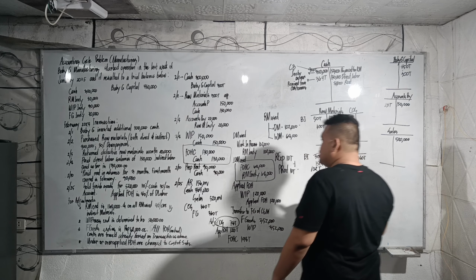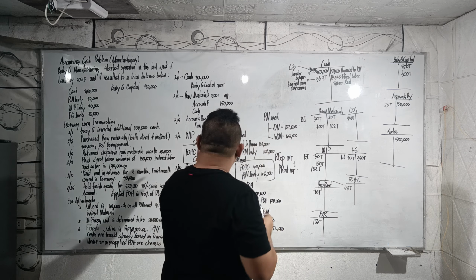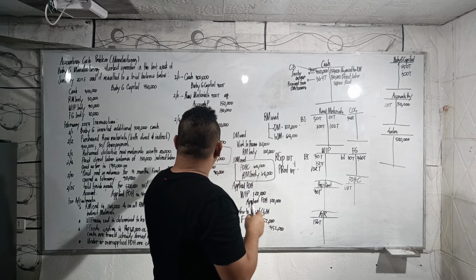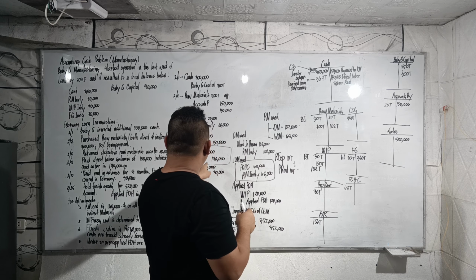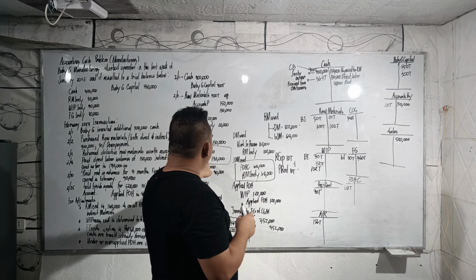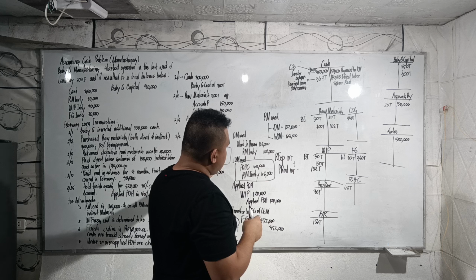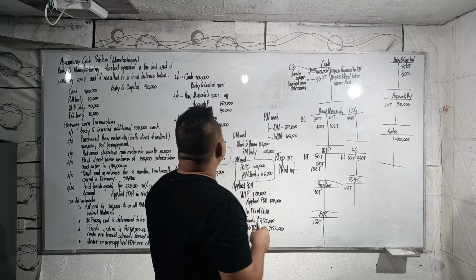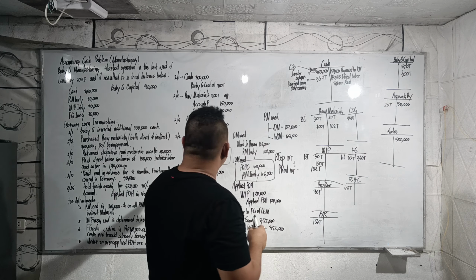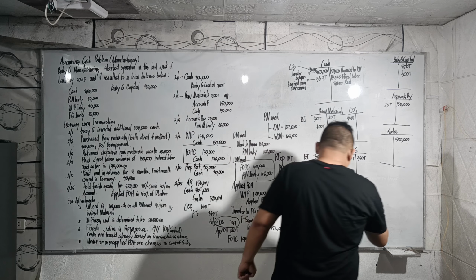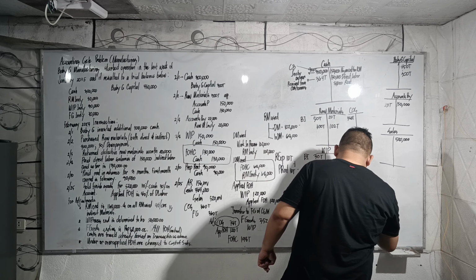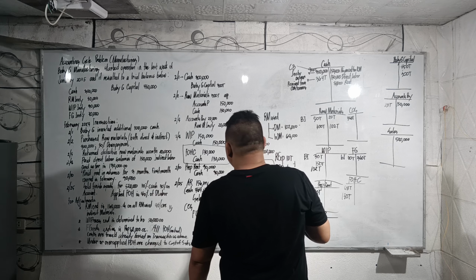I guess we skipped one. Work in process, 150. Cash, 150. Supposedly, we have still factory overhead control, 130, and then credit cash, 130. We have not put this yet, so let's put it, 130. This is for the indirect labor, if I'm not mistaken.